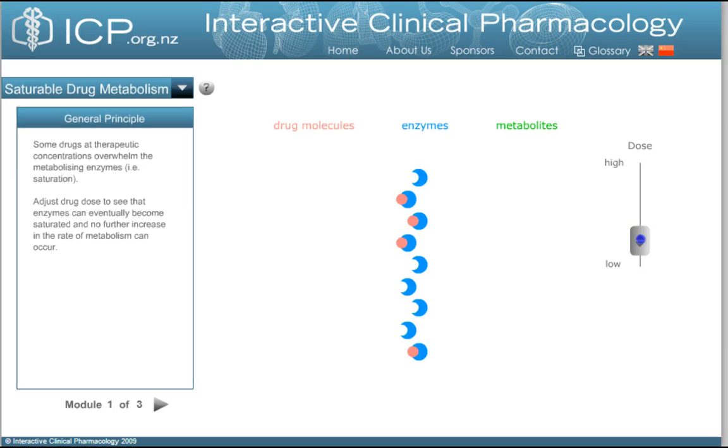And as I give more and more drug, the liver is doing its job without any problem, until I give so much drug that the liver is a little bit saturated, and now some of the drug is passing through the liver unmetabolized. There are certain drugs that overwhelm the ability of enzymes to do metabolism.